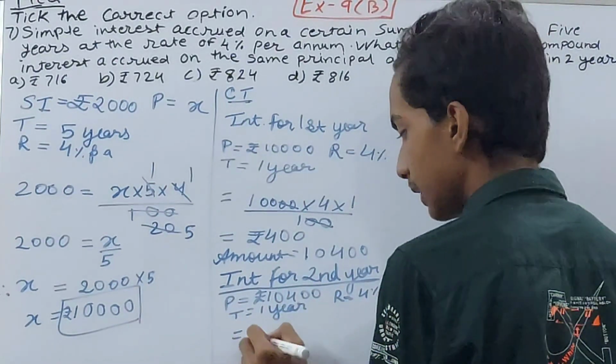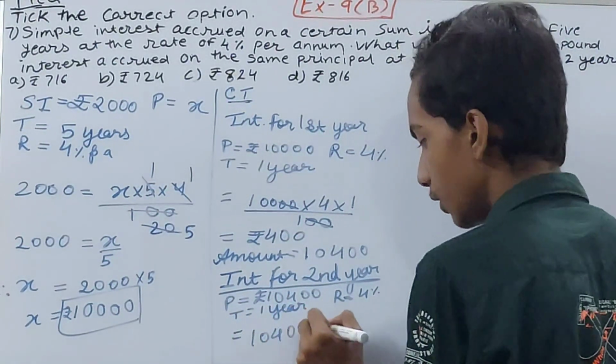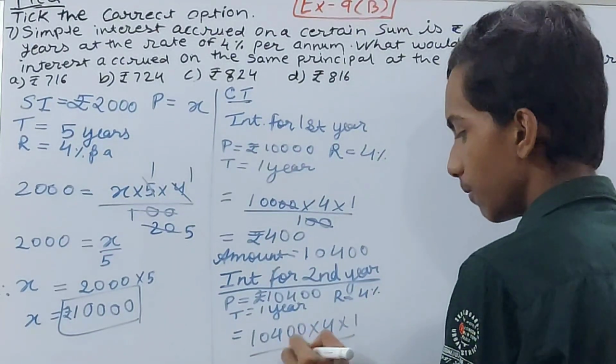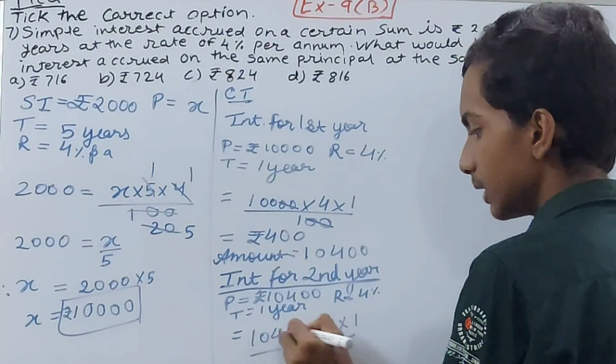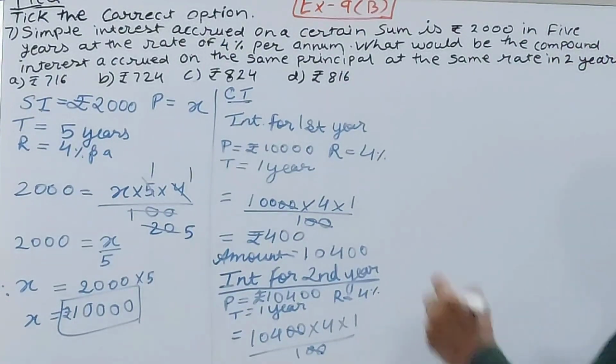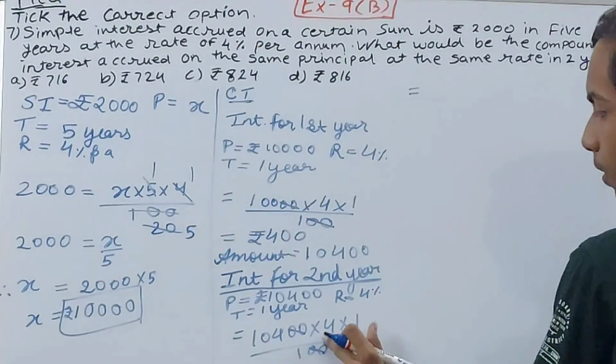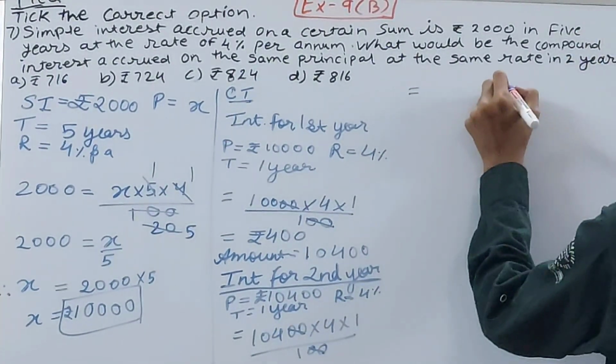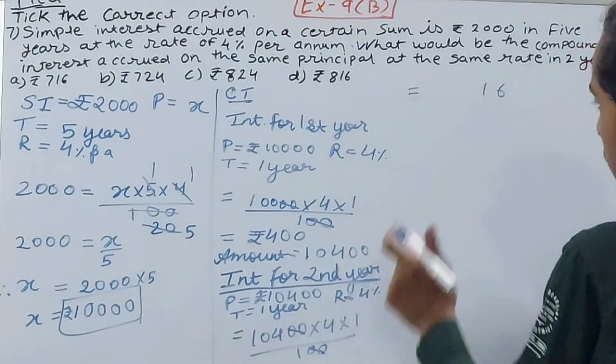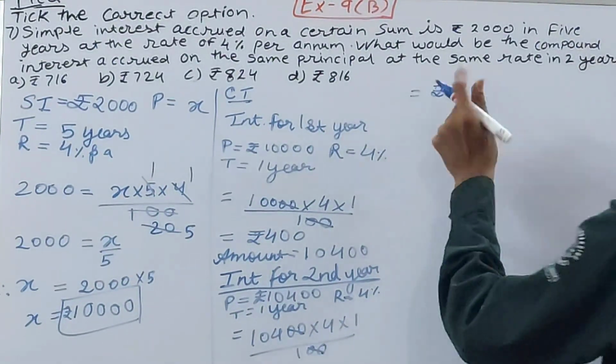So I have 10,400 into 4 into 1 by 100. Again cancel this. So what do you get here? You get 4 into 4, that is 16, and 4 into 0 is 0. This is the correct one.